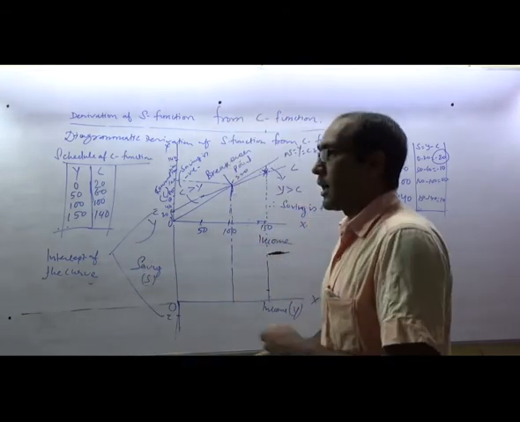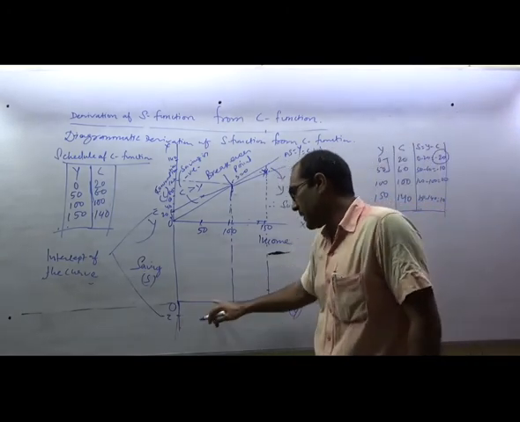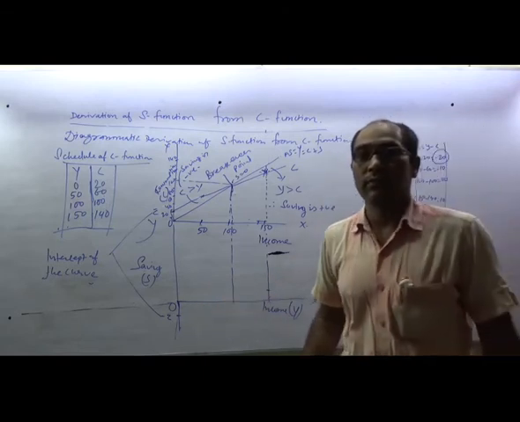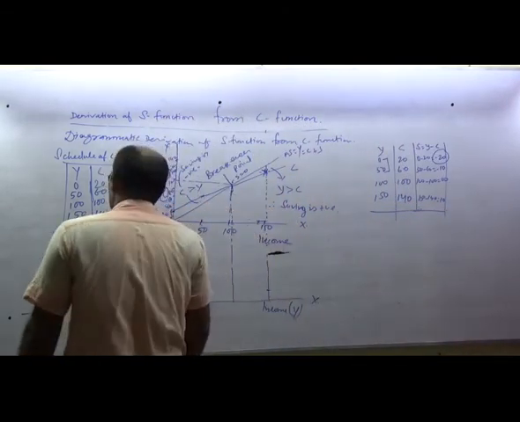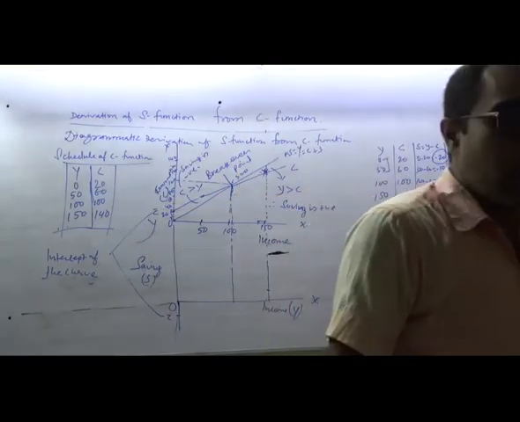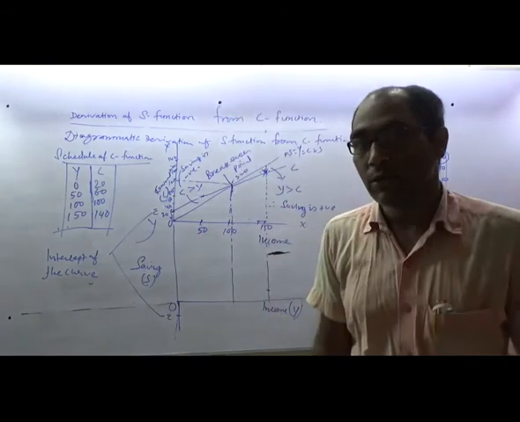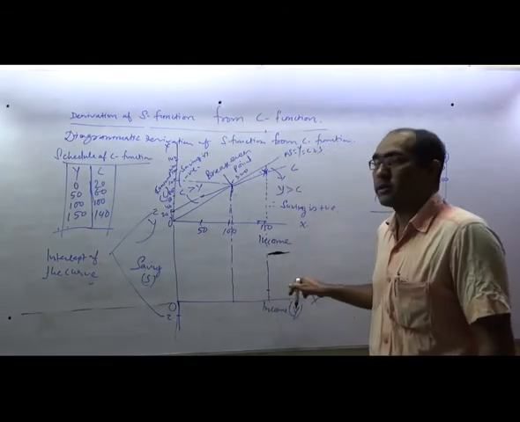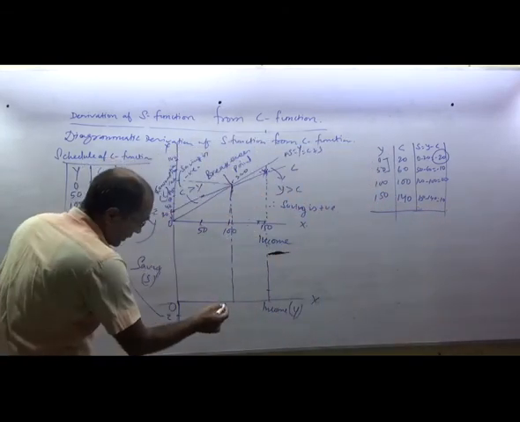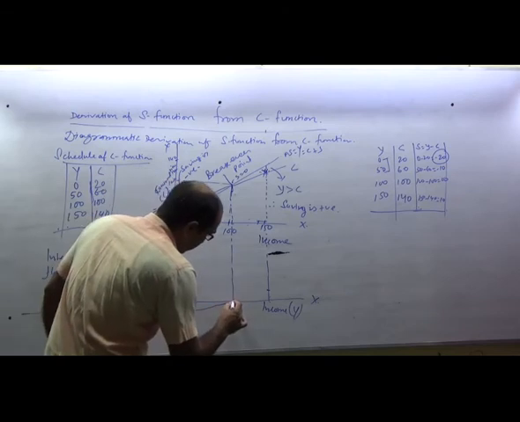Since we assume that there is a linear relationship, we have to apply a straight line to join the selected points. Means there is no option to join the points with a smooth line. Only one option: you have to join the 3 points with a straight line. So take a scale and join the line.